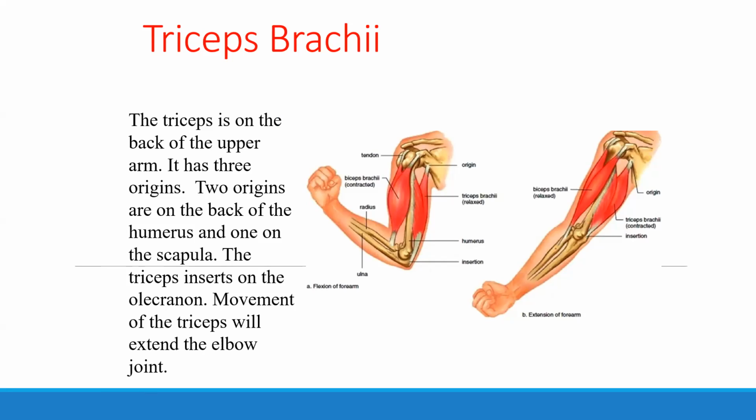So your triceps muscle on the inferior surface of your arm will pull on the olecranon process, pull on your elbow, and pull the arm out. That's called extension. So the biceps brachii flexes your arm, the triceps brachii extends your arm. So you can bend your arm back and forth using those two muscles.